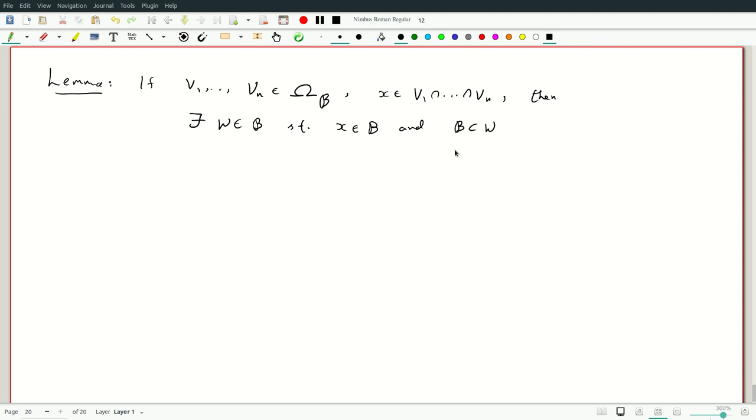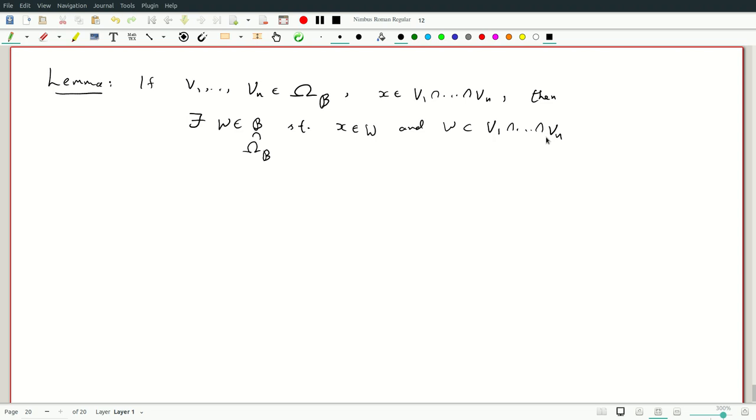Okay, so this proves the result clearly because W belongs to B and B is contained in omega B. So we have any x is contained in W, and W is contained in V1 intersection Vn.